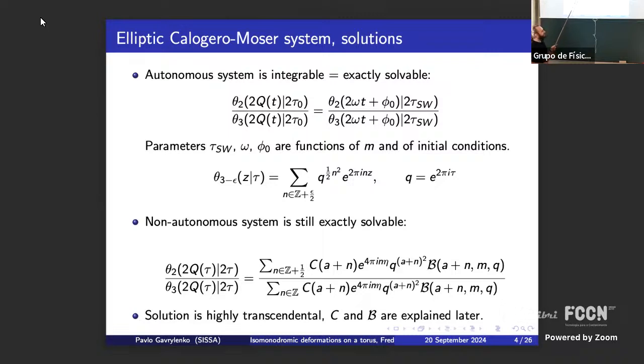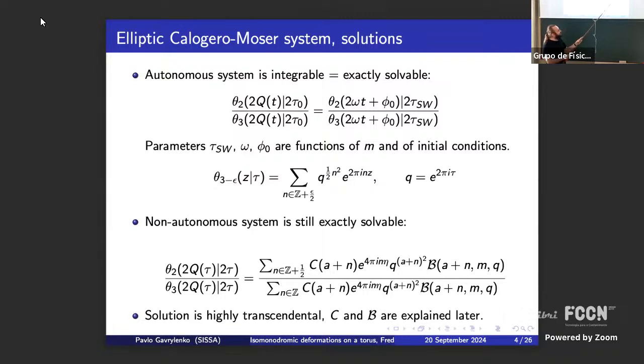And if we try to generalize this formula to the non-autonomous case, it looks like this. The left-hand side is the same. We need to solve the same equation in elliptic functions, but the right-hand side is modified.